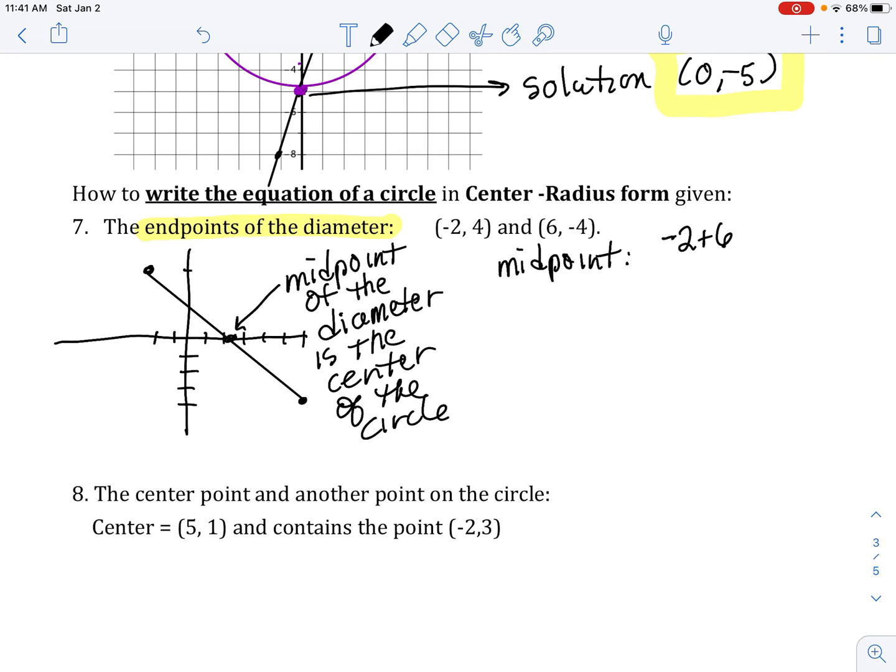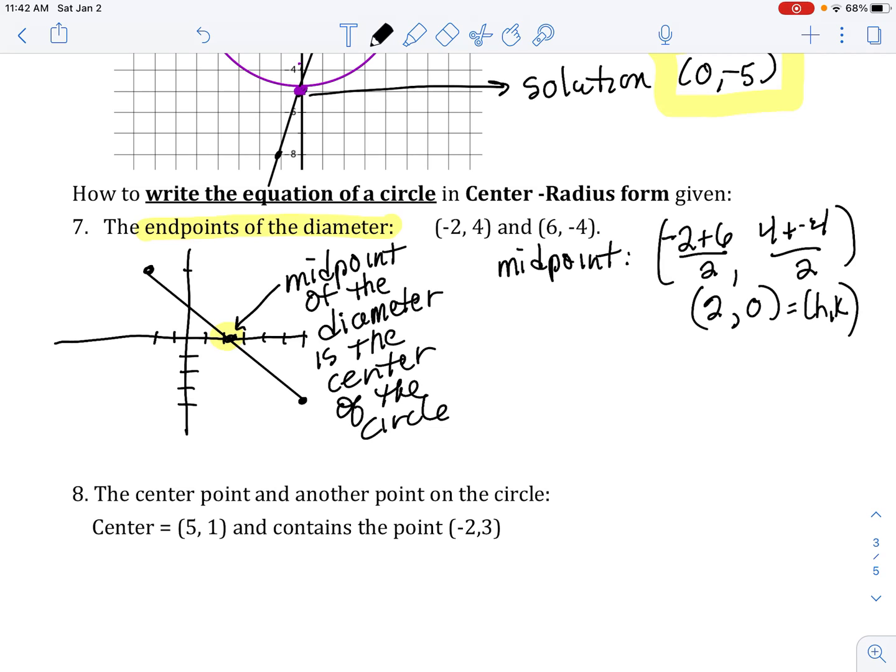-2 plus 6 divided by 2, 4 plus -4 divided by 2. That turns out to be 2; 4 plus -4 is 0, divided by 2 is 0. Turns out to be (2, 0), pretty good graph for myself there. So now we know that that is our (h, k).